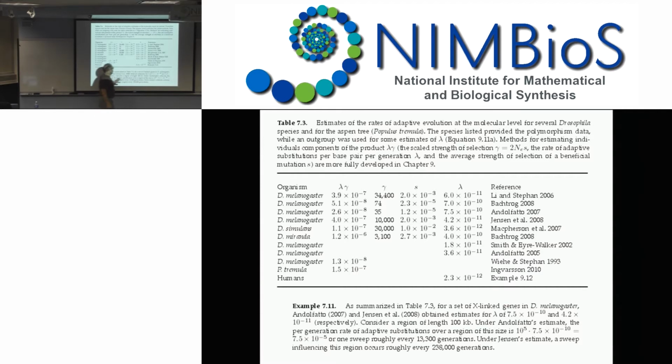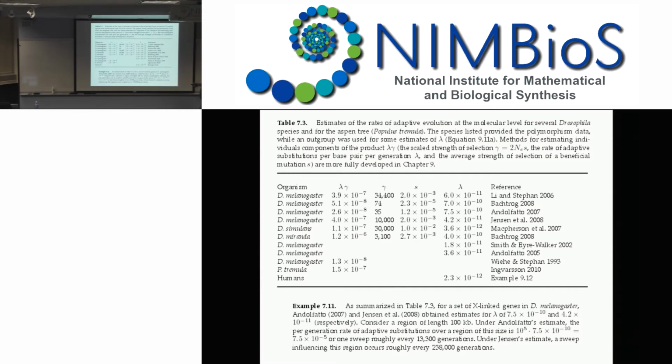Okay. So what you can do then is ask what are some of the consequences of these. So here, X-linked genes in Drosophila. So take these two estimates here, Andolfatto and Jensen. It gives you a per nucleotide rate per generation of adaptation, either about 8 times 10 to the minus 10 or 4 times 10 to the minus 11.